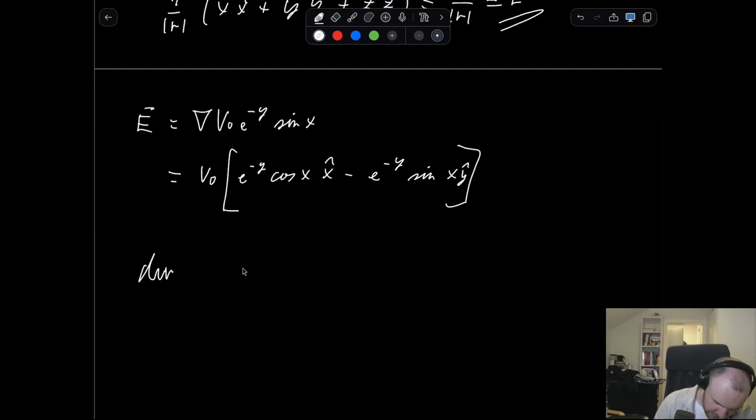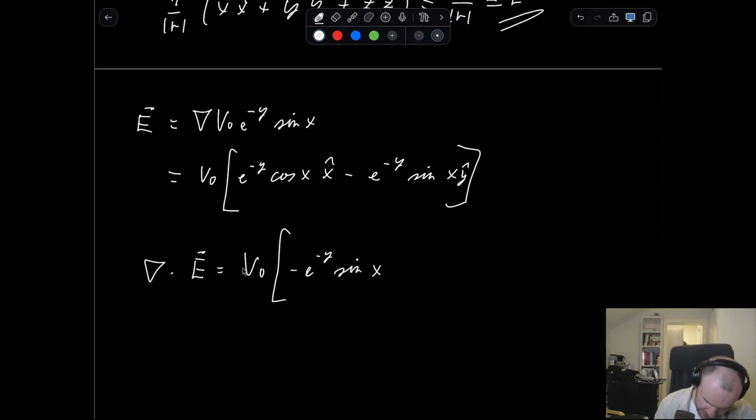Okay. Now we can do the divergence. Divergence is just equal to nabla dot E, which is each of the components differentiated in their own direction. You can keep V0 outside. So you have e to the -y cosine of x, and the derivative of cosine x is minus, so minus e to the -y sine of x.